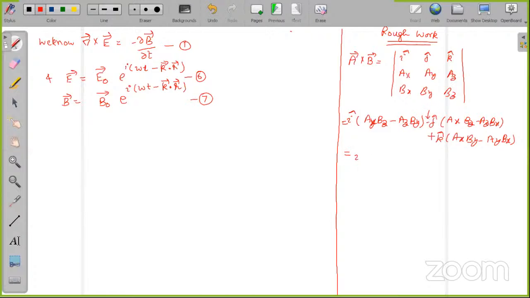What should I do? I can write it like this. I cap, AY, BZ minus AZ, BY.